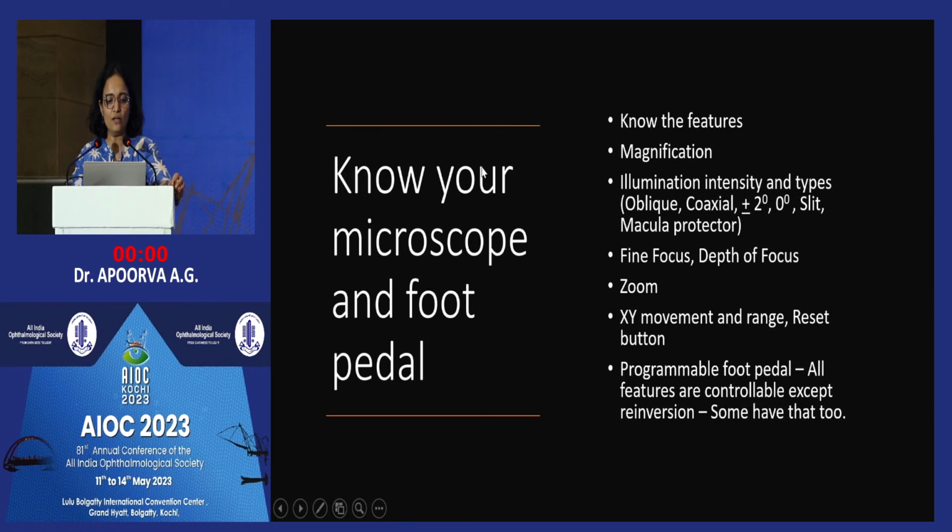So basically, knowing your microscope and befriending it is about knowing the optical system, the foot pedal, and the optics of it. Know the magnification features, the illumination intensities and types, like I showed, the oblique, coaxial, plus minus 2 degrees aperture, the making of a slit, use of a macula protector, use of fine focus, depth of focus and zoom, and this XY movement and its range of movement, knowing the reset button, and knowing that the foot pedal has programmable features.